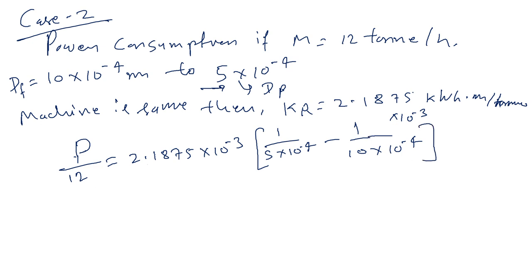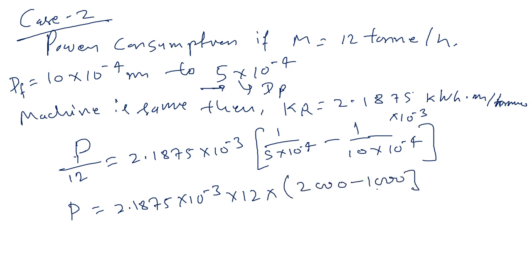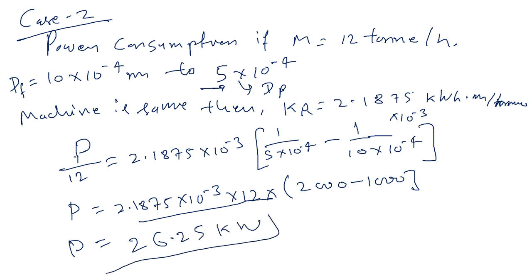After calculating, P is equal to 2.1875 into 10 to the power minus 3 into 12 into (2000 minus 1000). After calculating this, you get approximately 26.25 kW. This is your answer.